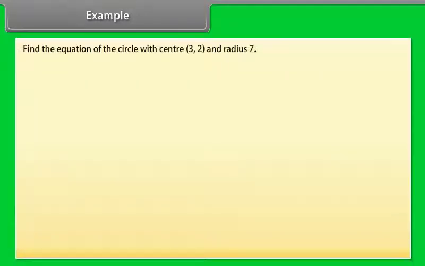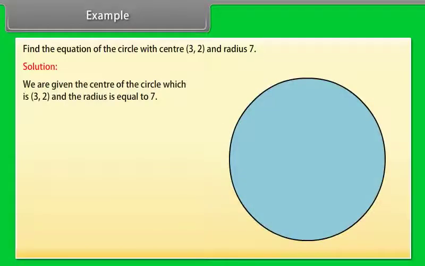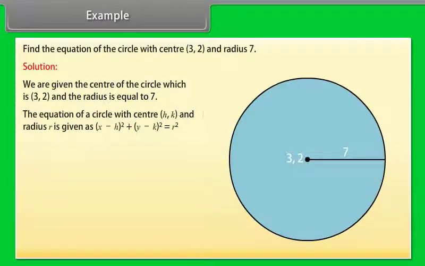Example. Find the equation of the circle with center (3, 2) and radius 7. Solution. We are given the center of the circle, which is (3, 2), and the radius is equal to 7. The equation of a circle with center (h, k) and radius r is given as (x - h)^2 + (y - k)^2 = r^2. h and k are equal to 3 and 2, and radius r is equal to 7.